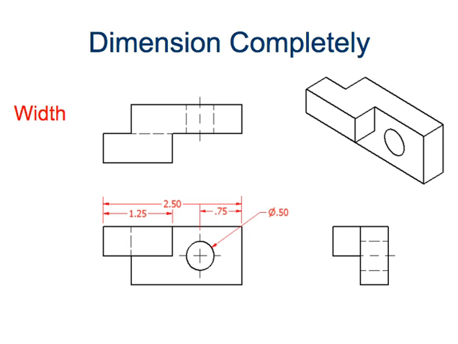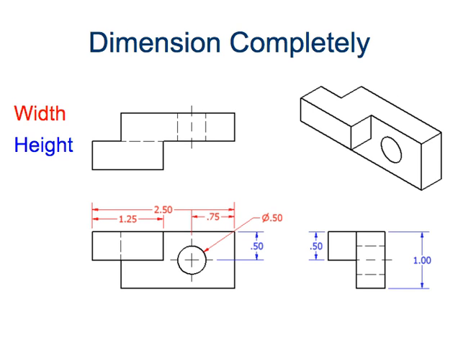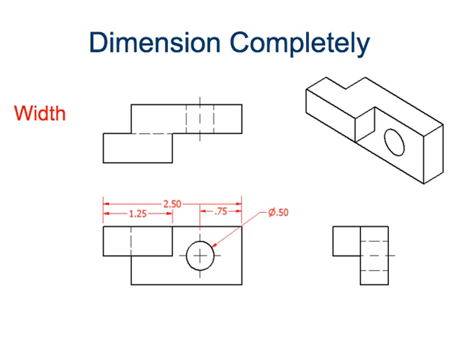In order for us to dimension our figures, since this is in orthographic projection, we can only see two dimensions at a time in each one of the projections.